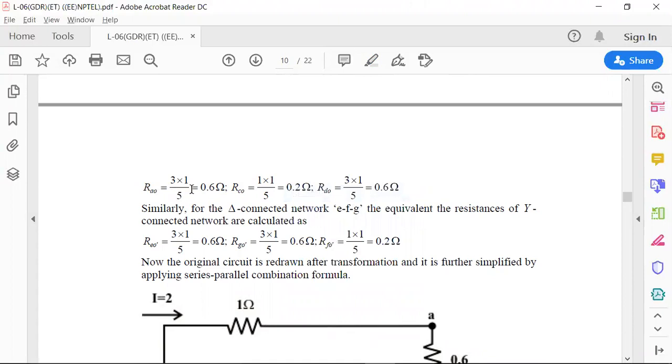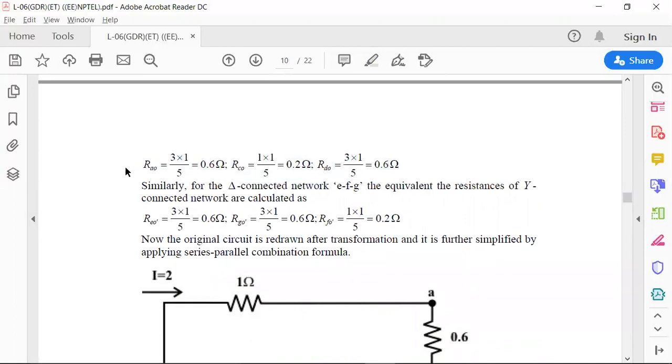Next, RC is the same type of representation. Instead of RAB, RBC, RCA, he wrote directly 3 plus 1 plus 1, which is 5. Then 3 by 5 is 0.6. RC, RD. So like this, you find the delta-star connected networks.